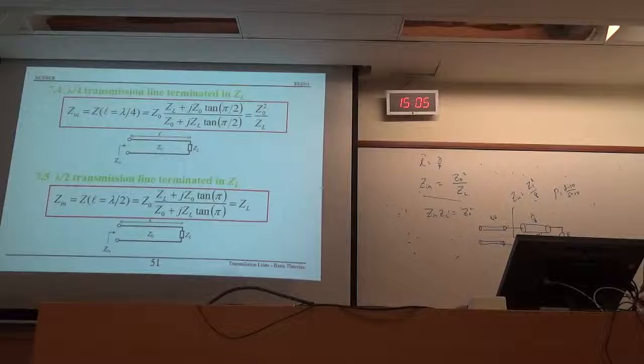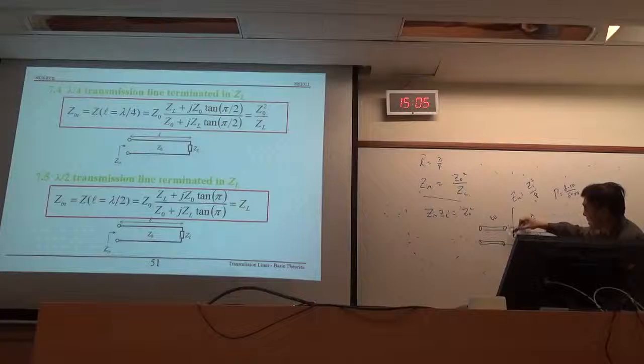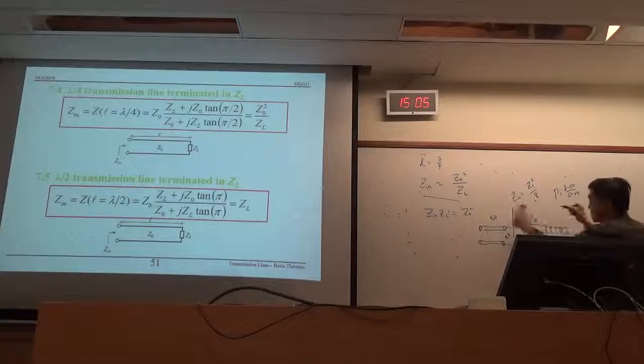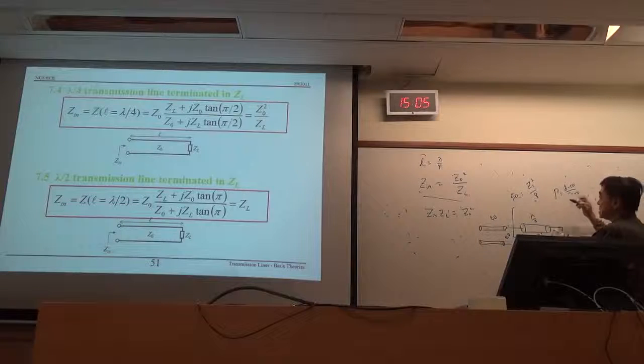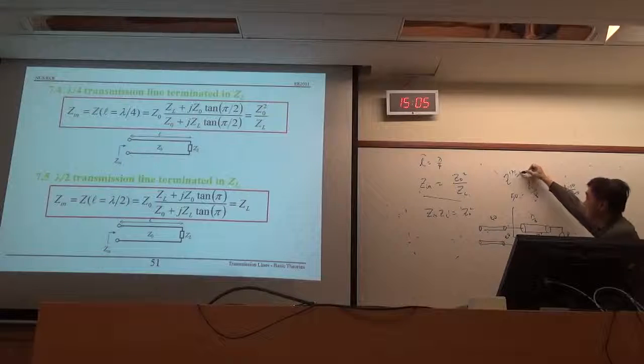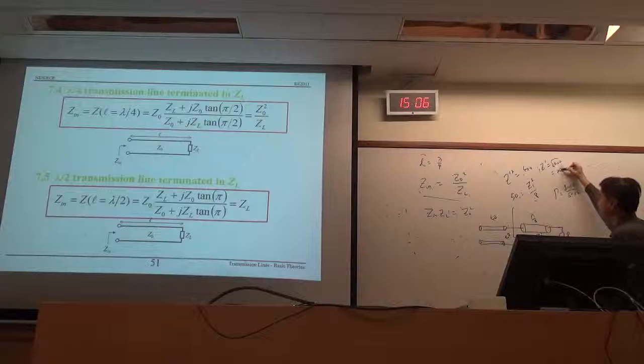If I want this to be matched to 50, I put this equal to 50. So my Z prime squared is equal to 400, and Z prime is the square root of 400, equal to 20.